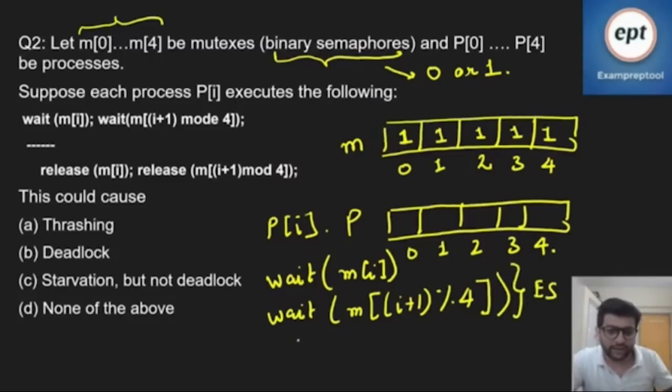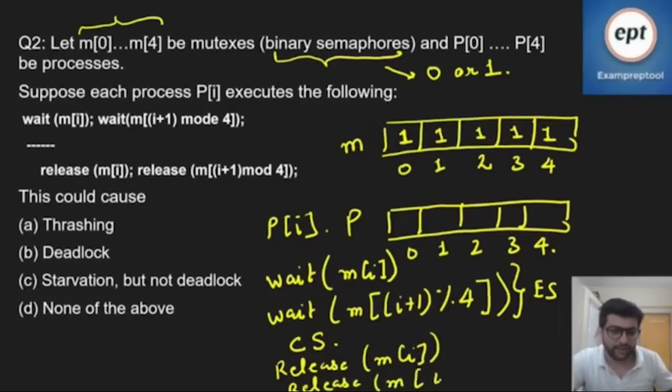Then we have the critical section of the process, and after that we are just releasing these mutexes, mod 4.